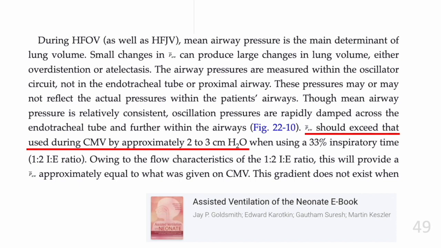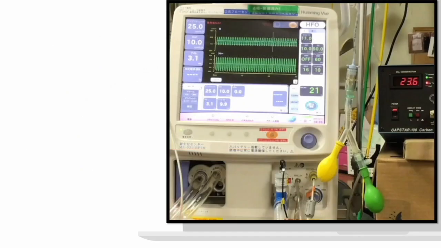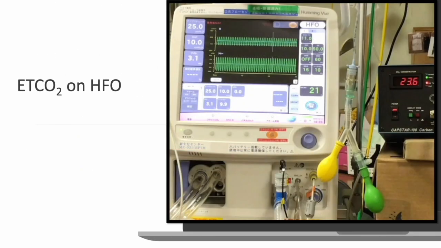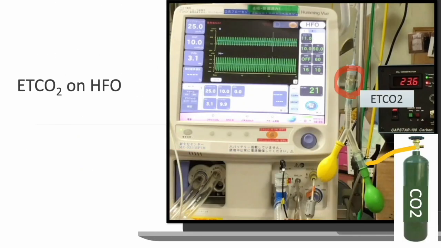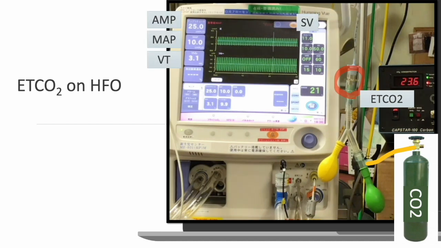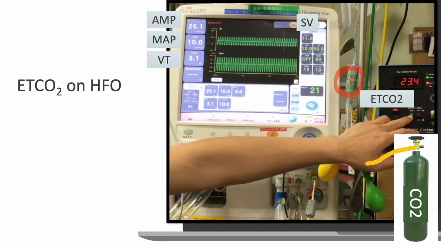Next, we will discuss MAP in terms of carbon dioxide concentration, not oxygenation. In an experiment using a model test lung, an EtCO2 sensor is inserted in front of the model lung to measure the value of carbon dioxide. And a small amount of carbon dioxide is continuously flowing from the CO2 tank.